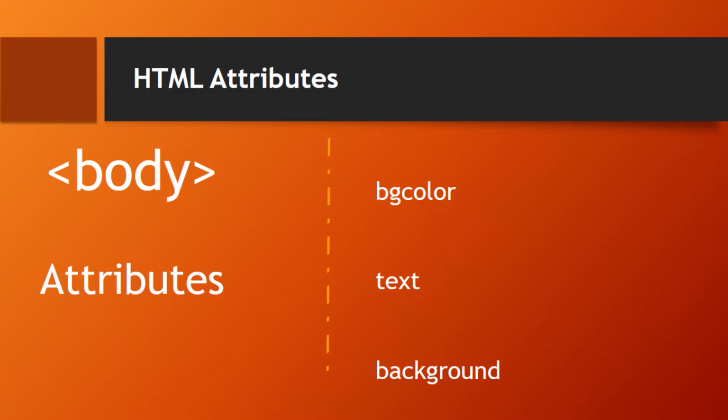As an example, consider the body element. The attributes of the body element are bgcolor, text and background. Bgcolor is used to change the background color of the body. Text is used to change the color of the text, and background is used to apply an image in the background.